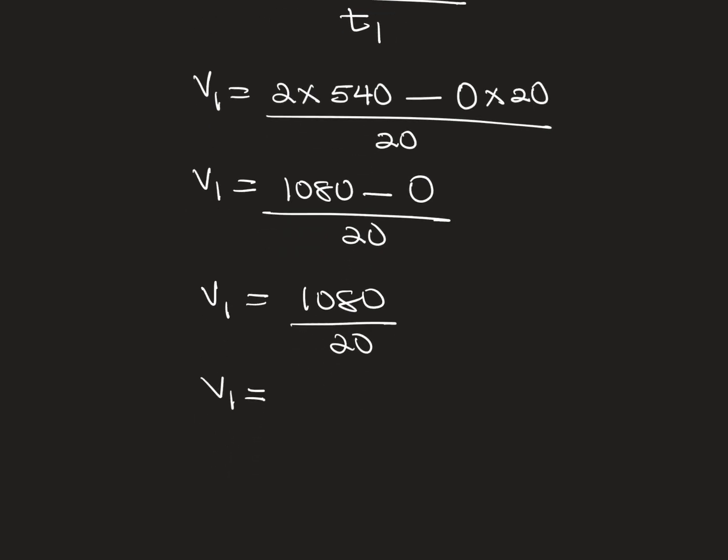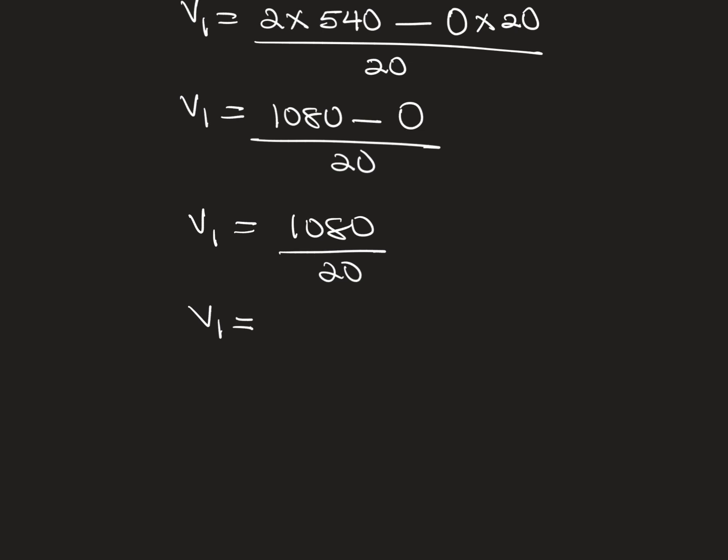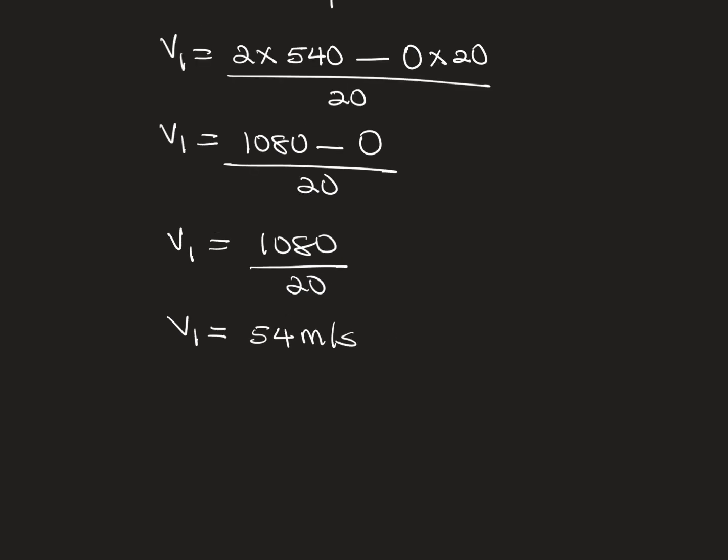Therefore, V1 is equal to 54 meters per second. So we have the final velocity at the end of the first interval as 54 meters per second. Which means this is now going to serve as the initial velocity for the second event. Remember, V1 will be equal to u2.